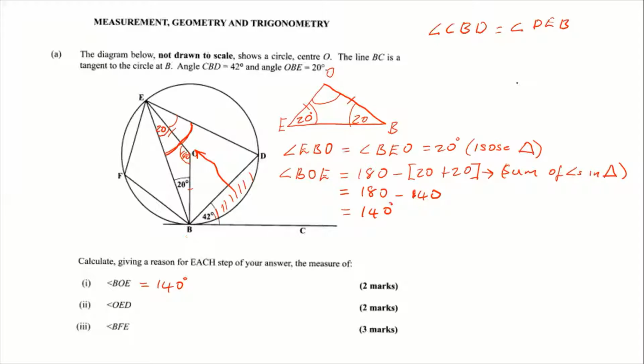DEB. So those two angles are equal, which is therefore going to equal 42 degrees. All right. And how do we know this? We write our reason. The reason for this would be angles in alternate segment, all right?